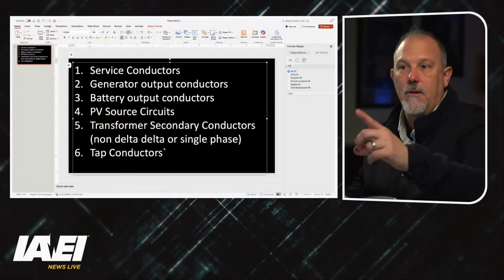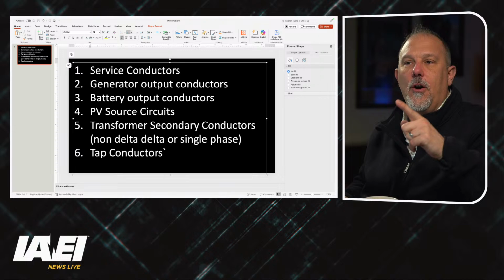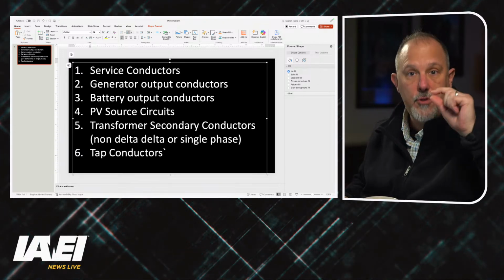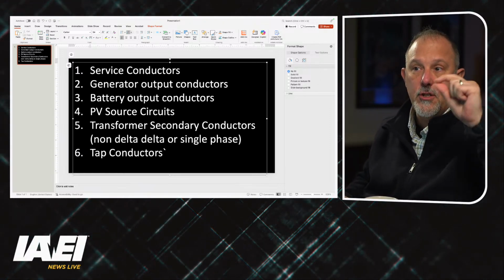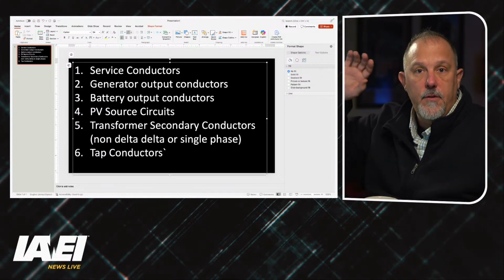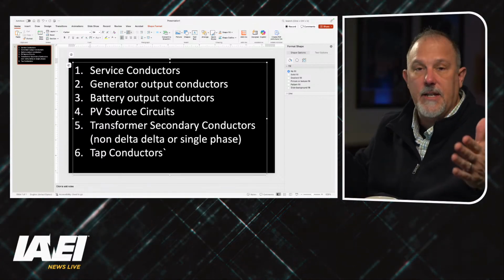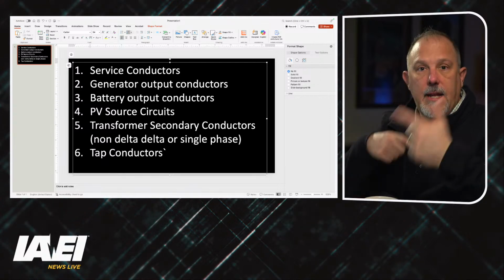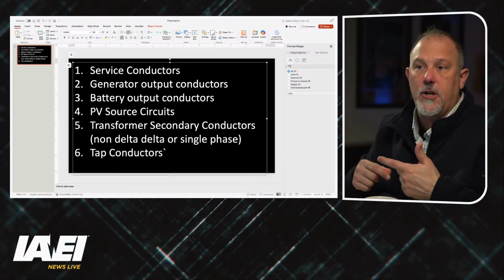Now, Article 240. Now that's a load. That's not a source. So when I'm thinking about loads now, everything that we've had in here are true sources, right? My service, that's coming from the utility. My generator output conductor, that's generating voltage, generating current.